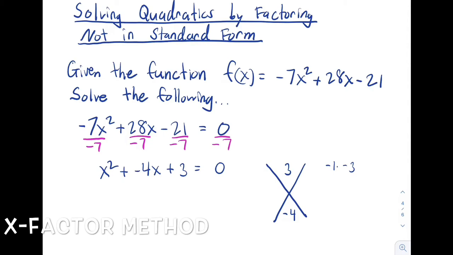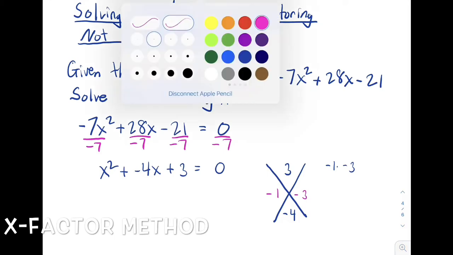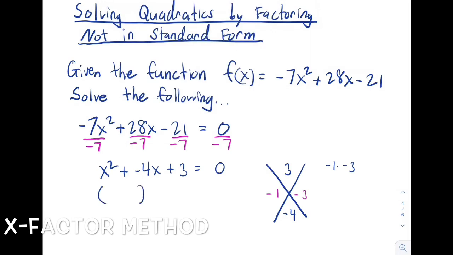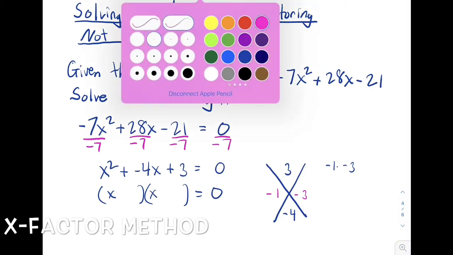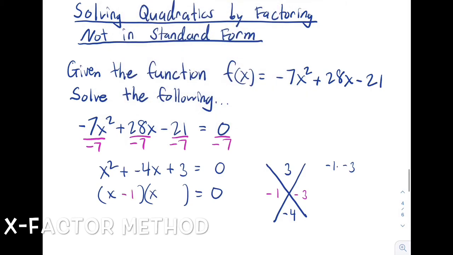Negative 1 times negative 3 multiplies to 3 and adds to negative 4. So our factored form, using our x factor method with our x's, is x, and our two numbers are negative 1 and negative 3. So that's our factored form.